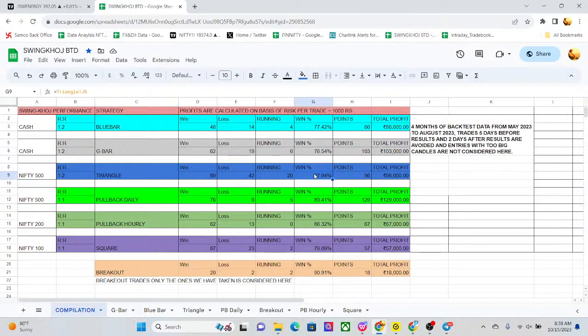With 1:2 reward, we are not taking into consideration 1:1 or support. We are just making it a point, like if you are adamant and stick with it, 1:2 I will take. You are getting 68%. Pullback daily 89%, pullback hourly 86%, and square pullback for hourly also has an 80% win rate.